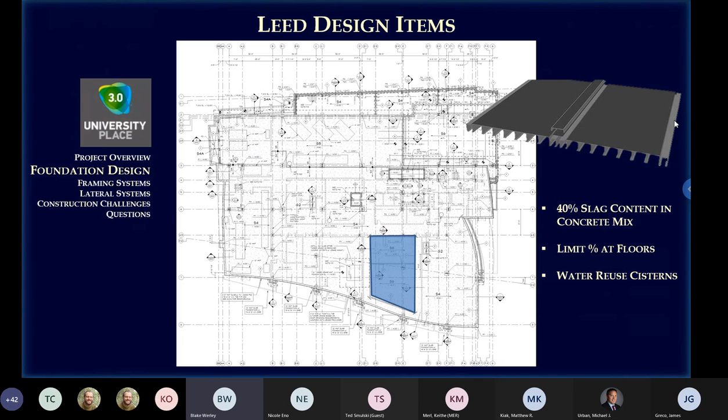The second LEED item was finding a home for two large cast-in-place cisterns that were capturing filtered rainwater, and that's shown in blue. The blue box is taking up a large footprint in the basement, and it's just cast-in-place water tanks.